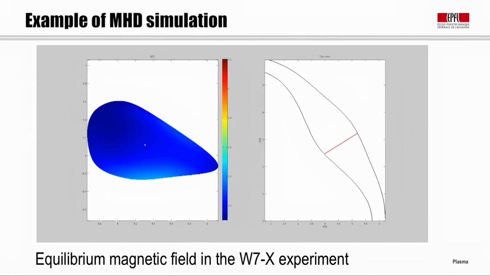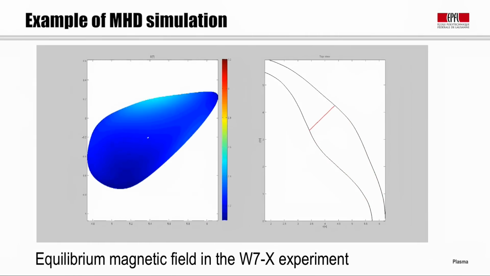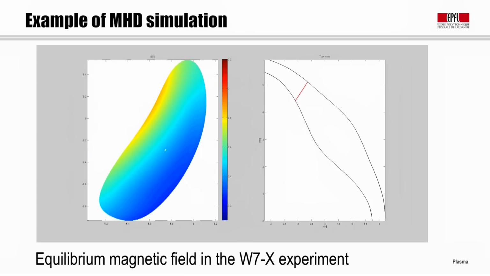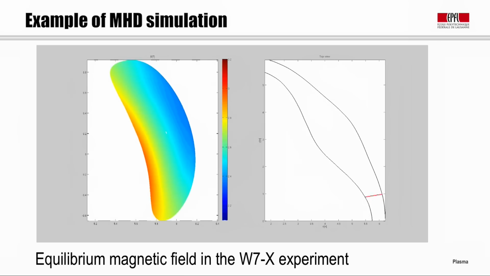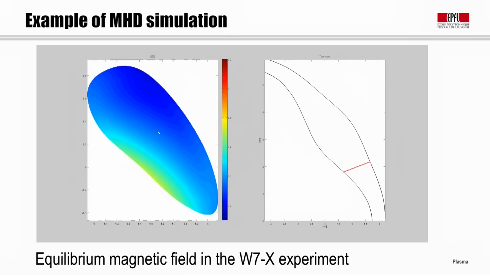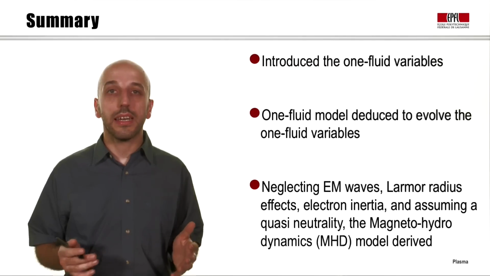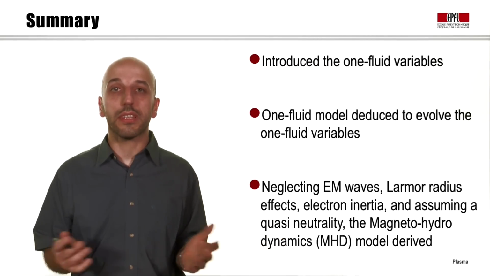This machine in Germany is one of the largest experiments on Earth and uses a complex three-dimensional configuration to confine plasma for fusion purposes.